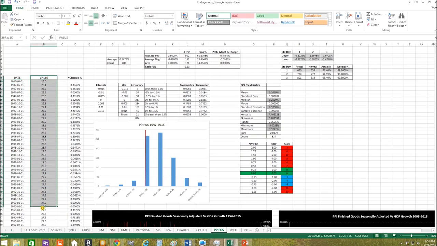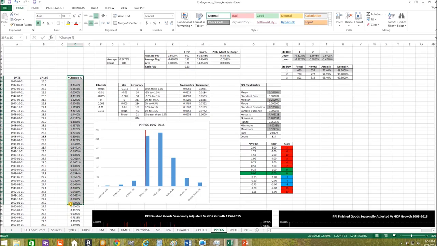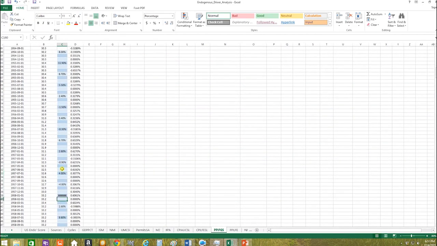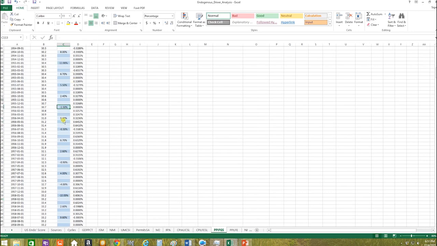We have our PPI finished goods value here, and we have our percentage change in the value in this column here. If we scroll down, you can see that we have our GDP stats as well. The GDP stats are going from, again, October 1954.